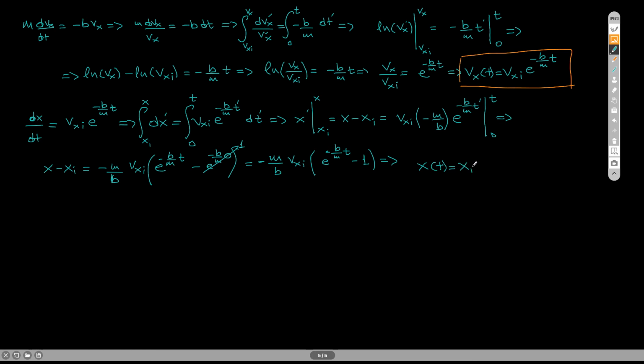It is equal to x initial. And one thing I can do, I can get rid of the minus sign, plus m over b times Vx initial, times 1 minus e to the minus b over m times t.